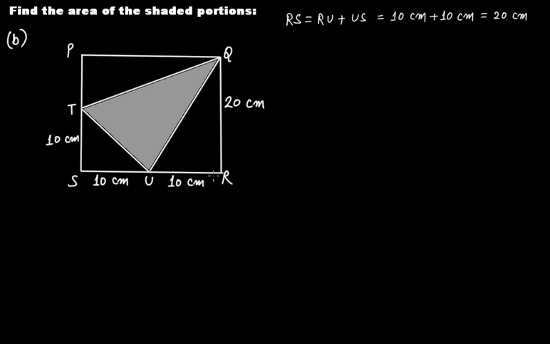So if RS is 20 centimeter, then PQ will also have to be 20 centimeter. Since all the sides are parallel and at right angle, it's actually a square. So RS is 20, therefore PQ is also 20 centimeter.